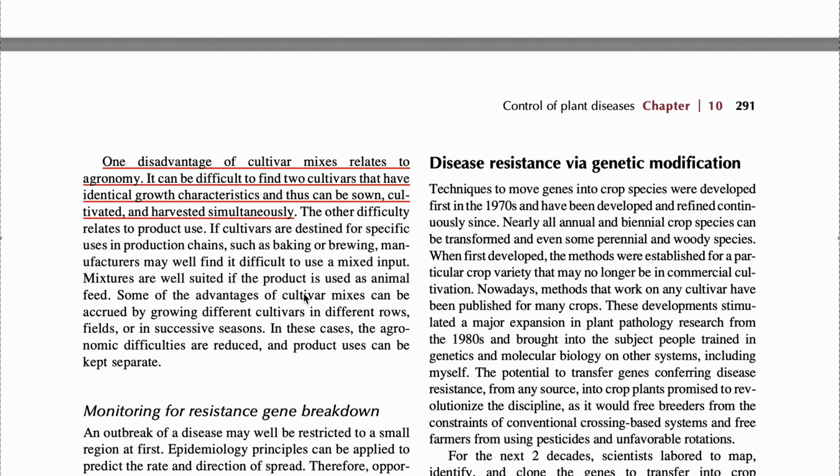Mixtures are well suited if the product is used as animal feed. Okay. Some of the disadvantages of cultivar mixes can be overcome by growing different cultivars in different rows or fields in successive seasons. In these cases, the agronomic difficulties are reduced and product uses can be kept separate.